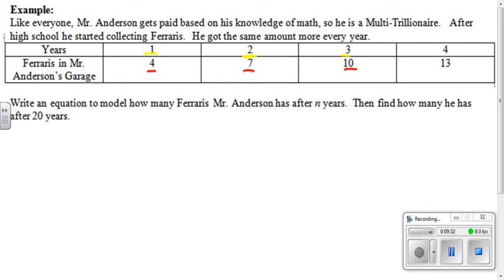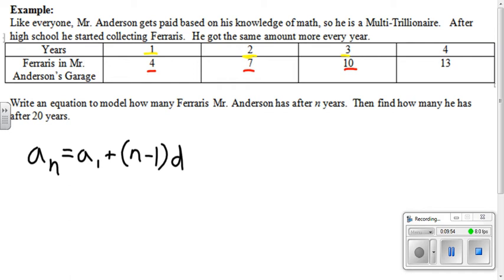So if we want to find an equation to model how many Ferraris Mr. Anderson has after n years, then use that to find how many he has after 20 years. Remember, we use a sub n equals a sub 1 plus n minus 1 times our common difference d.